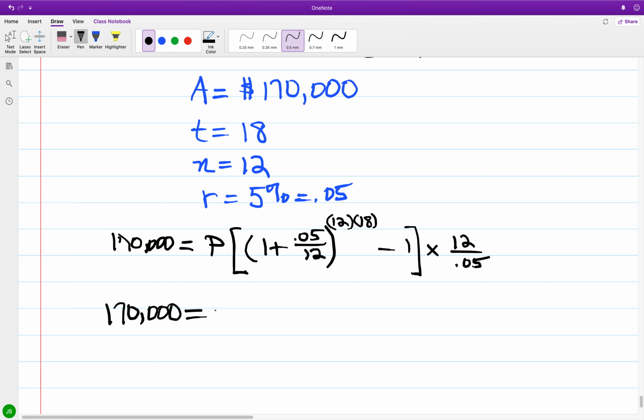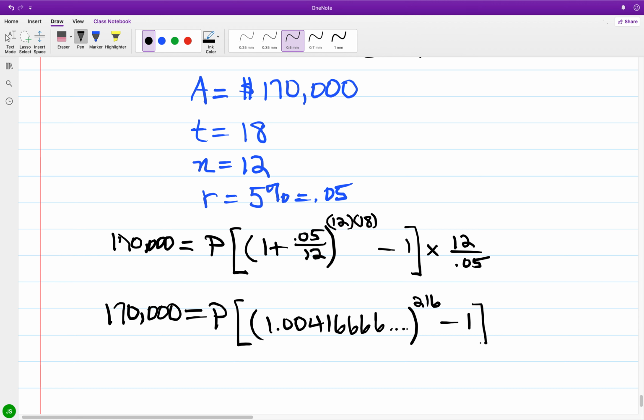So 170,000 equals P times 1 plus 0.05 over 12. So you have 1.00416, and the 6's will repeat. And again, we have to the 12 times 18, so this will be to the 216th power, minus 1. 12 divided by 0.05 would be 240.